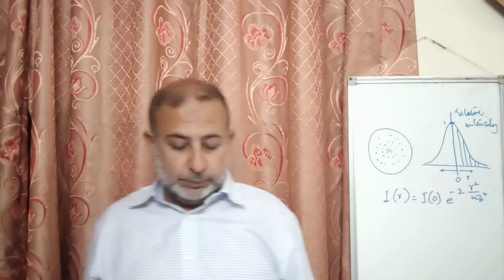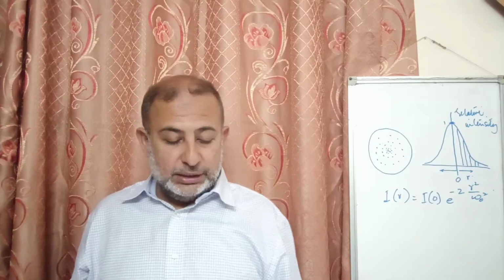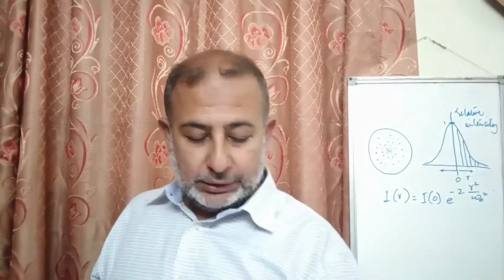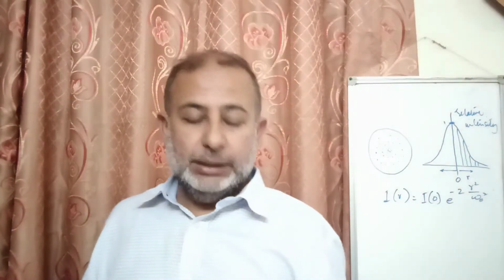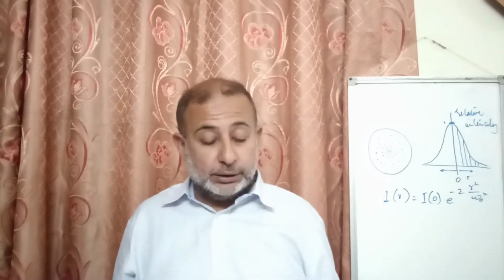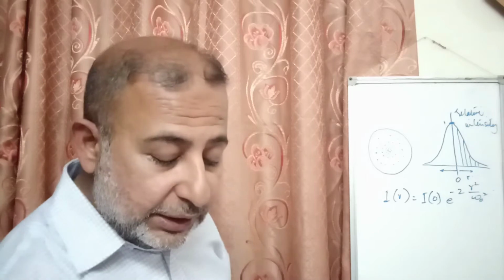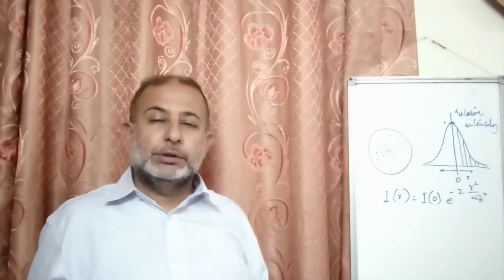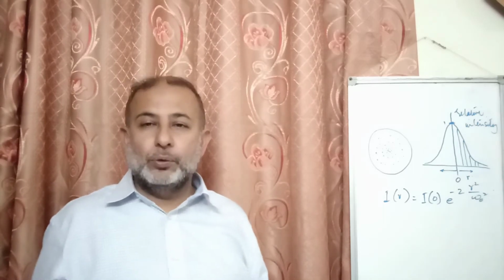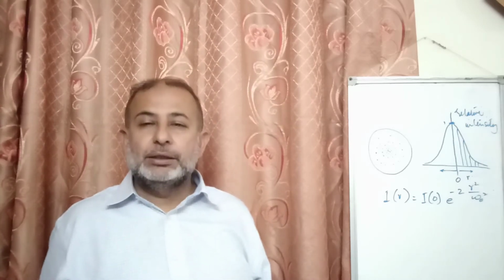If you go to slide number 9 of this lecture, you can see the first picture on the left side. It shows the index profile of the fiber, in which you can see clear boundaries of the core and the cladding. N1 is the refractive index of the core, which is higher, and N2 is the refractive index of the cladding, which is lower.